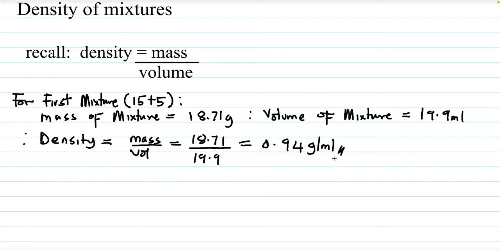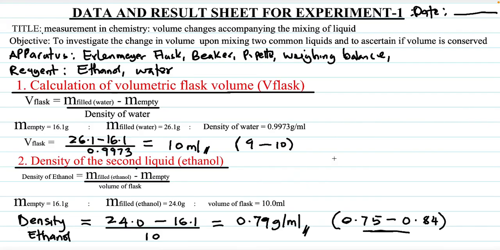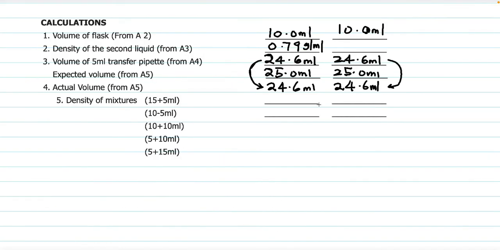That is the density of the first mixture. Why are we going to record that? You come back here. You can see two lines here, but you're not going to write on both lines. You can just take the first one, 0.94 gram per mil.